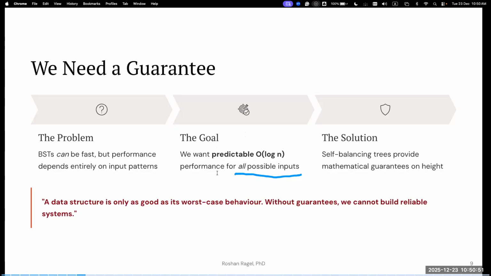Independent of the order in which we put numbers, it will be balanced such that we come closer to log n. So that's the idea of making this tree, the AVL tree.